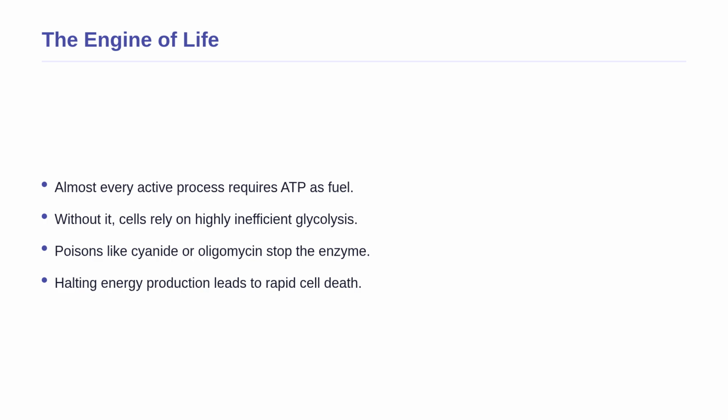If this enzyme stops working, which can happen in the presence of deadly poisons like cyanide or oligomycin, cellular energy production halts immediately, leading to rapid cell death. It is quite literally the engine of life.